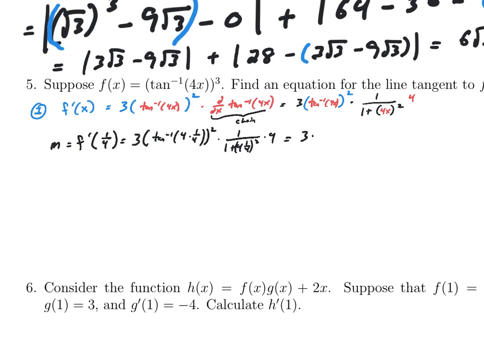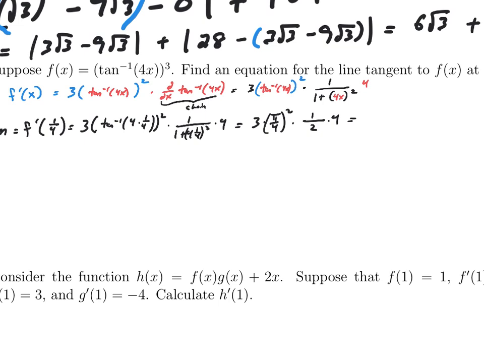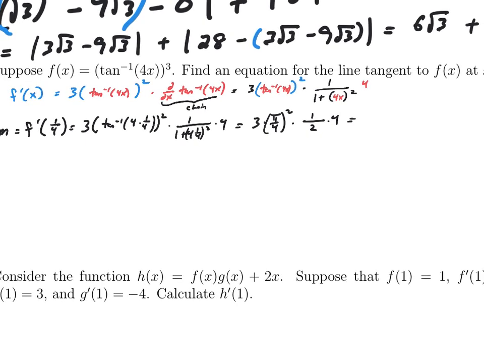Okay, so I get 3. And the arctangent of 1, remember, is just pi over 4. Okay, times, now I have 1 over 1 plus 1, which is 2 times 4. So basically, that gets turned into, let's see, what do I have here?